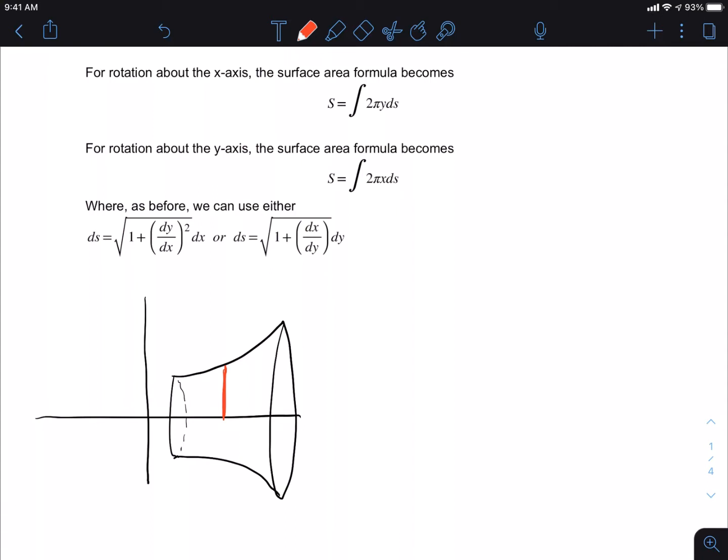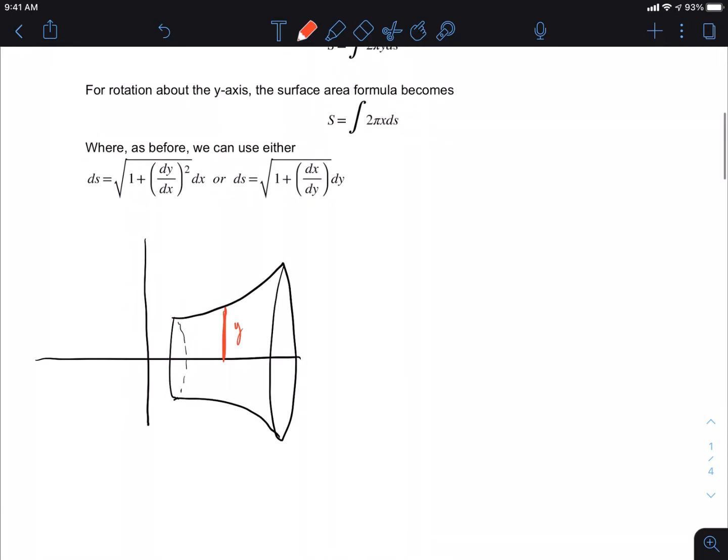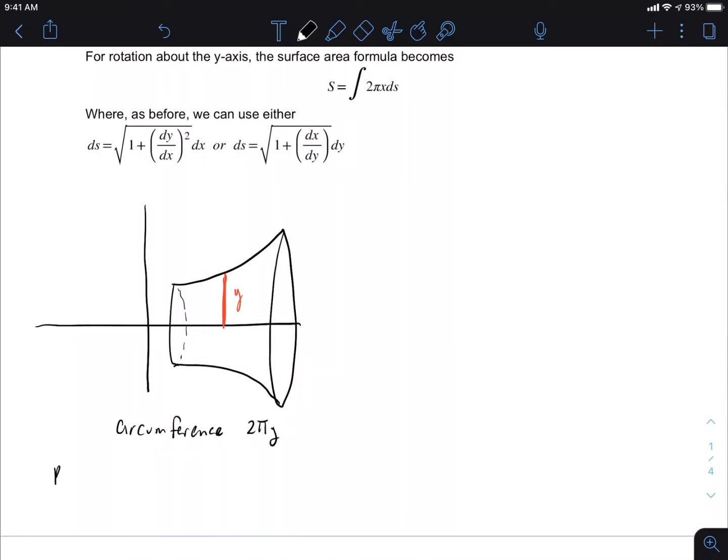So this would be my y distance, right? That's how far I am away. And so the circumference here is going to be 2 pi y, right? And then since we're rotating about the x-axis, my surface area integral is going to be 2 pi y ds.